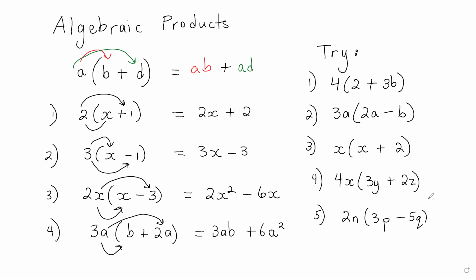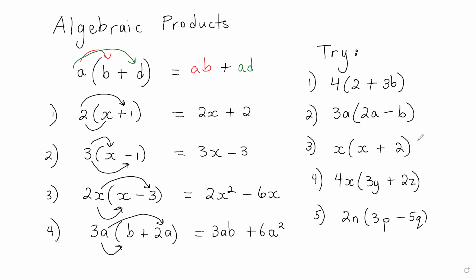Please try these. First is 4 times 2 plus 3b, 3a by 2a minus b, x times x plus 2, 4x times 3y plus 2z, and then 2n times 3p minus 5q. So please try these for me, guys. I want to see your efforts on WhatsApp. So send it to me.